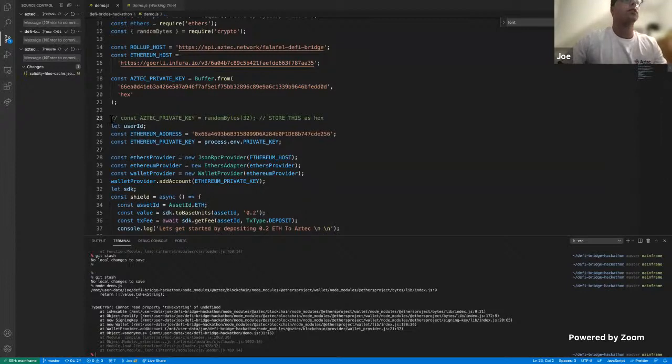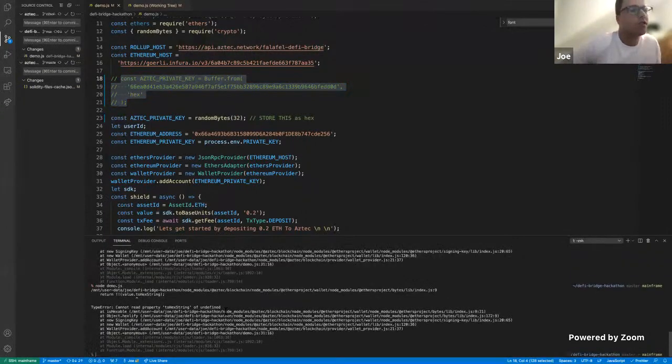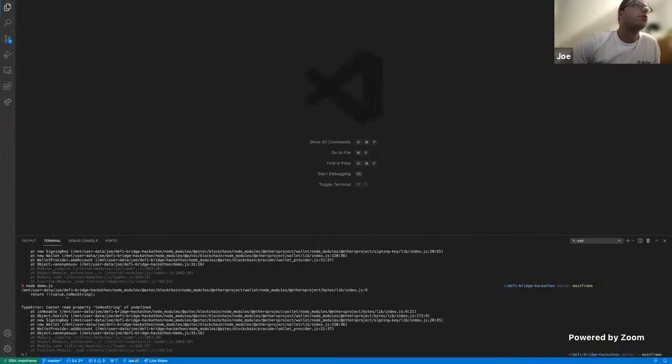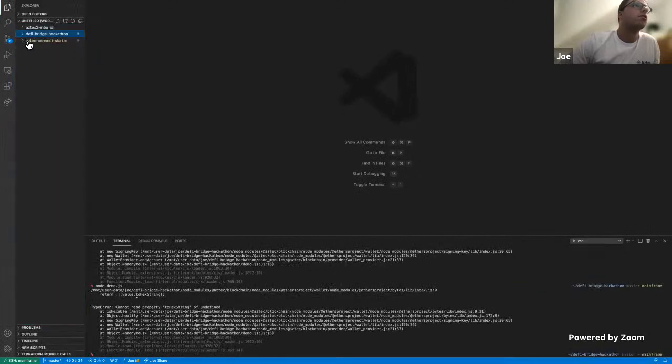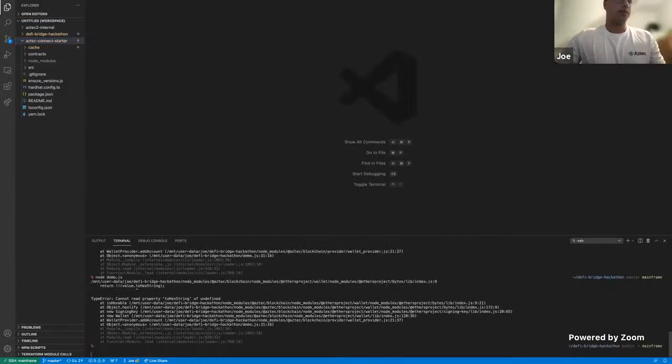One second. I think I got my demo private key wrong. Oh, we'll switch to the other one. And maybe something got corrupted on my VS Code. I'll come back to that one in a second.